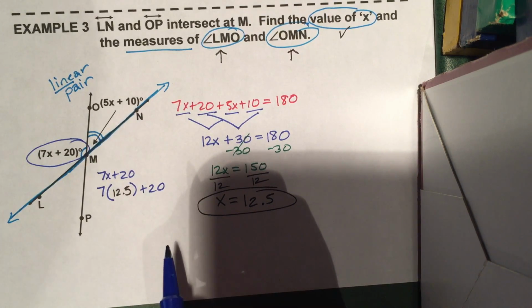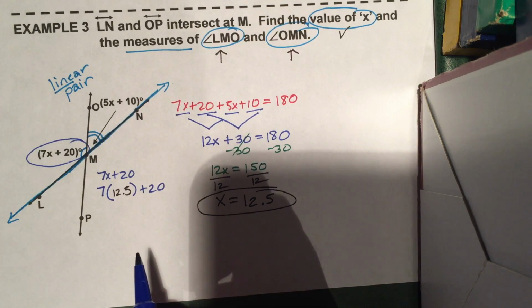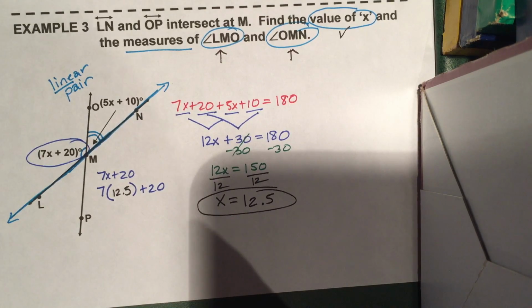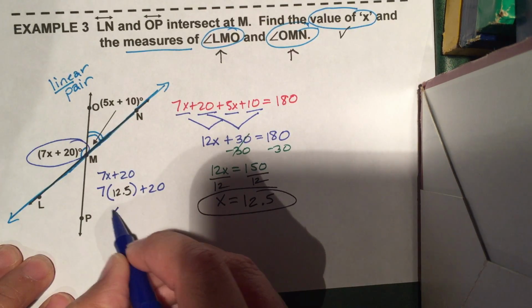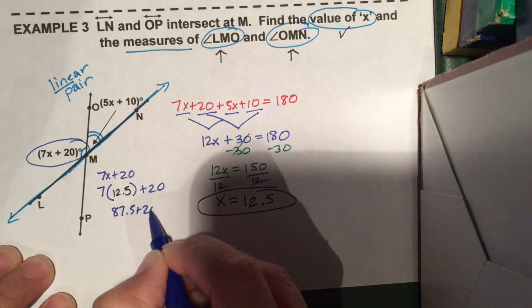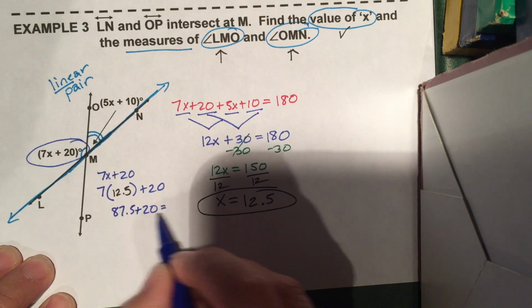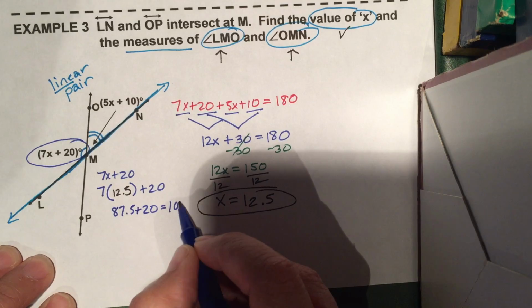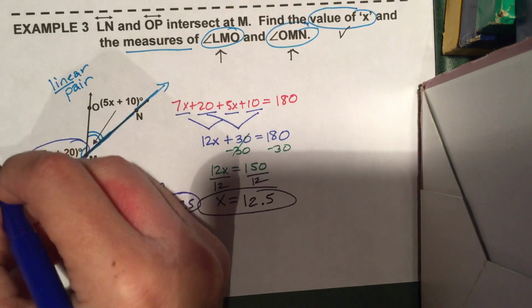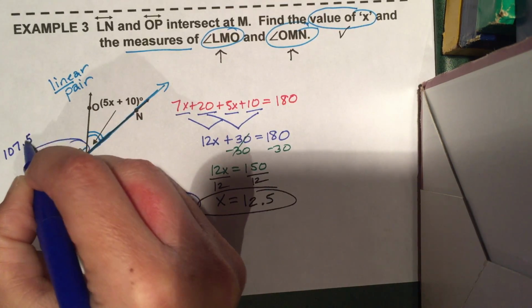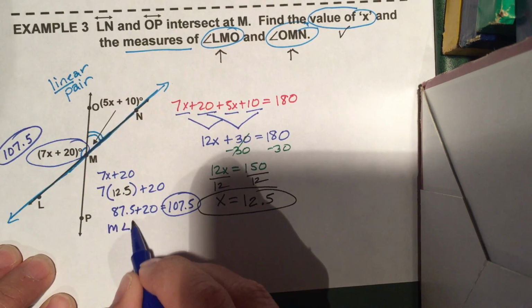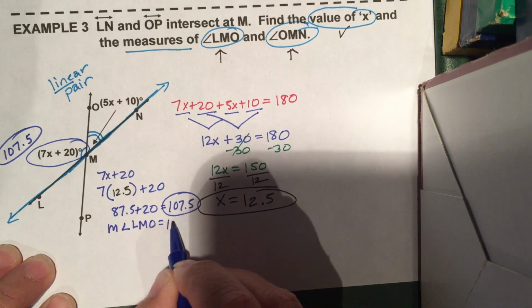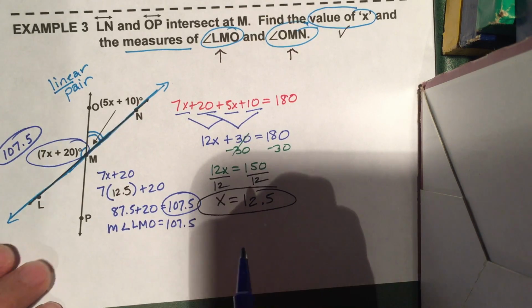So 7 times 12 is 84, but when we're multiplying by 12.5, it's going to be 87.5 plus 20, and that's going to give us, for that angle, 107.5. So that's this angle. I'm going to say the measure of angle LMO equals 107.5.